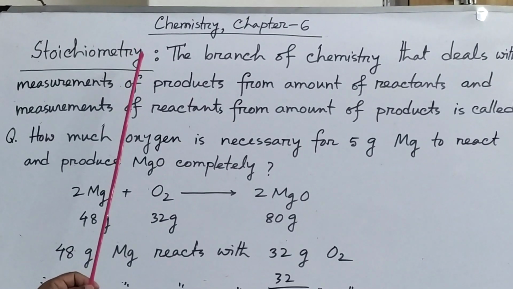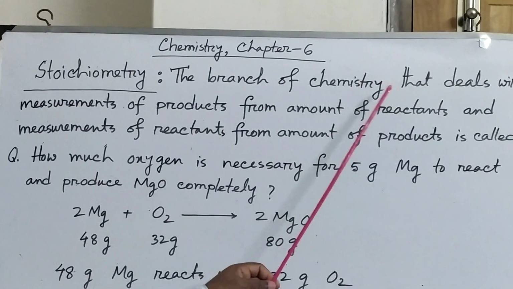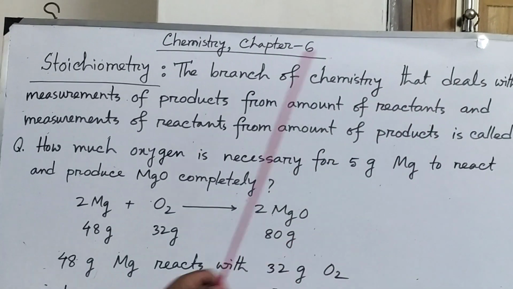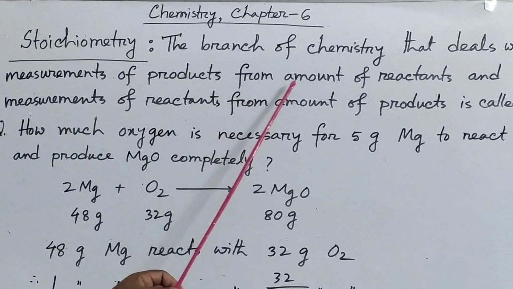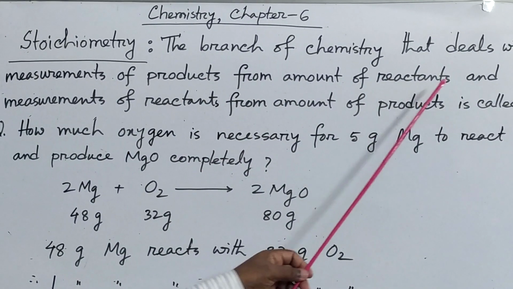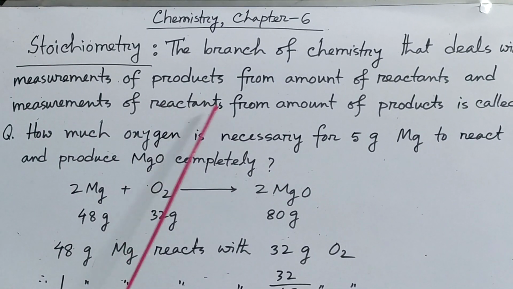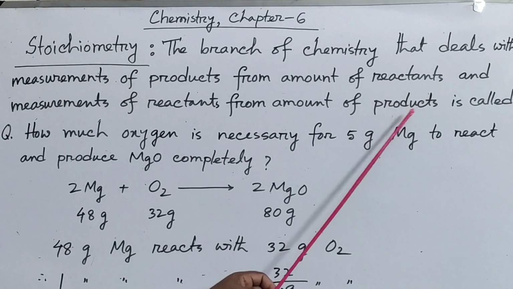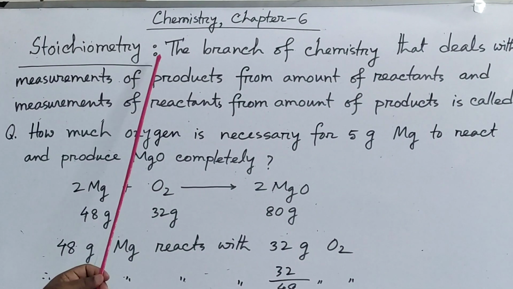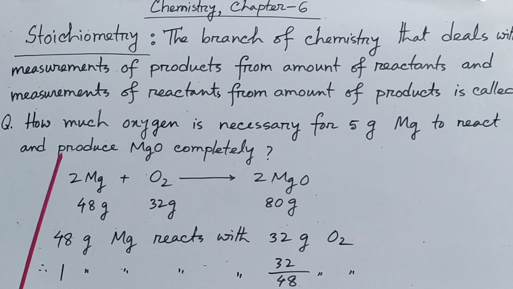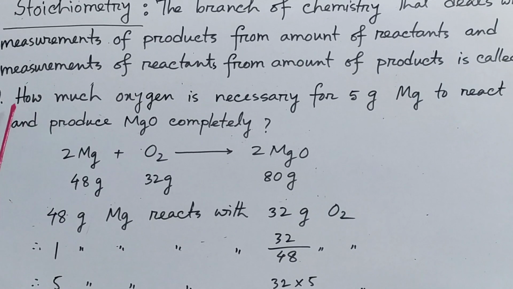First of all, the branch of chemistry that deals with measurements of products from the amount of reactants and measurements of reactants from the amount of products is called stoichiometry. So first of all I have written the definition. Now I will do a math of stoichiometry.